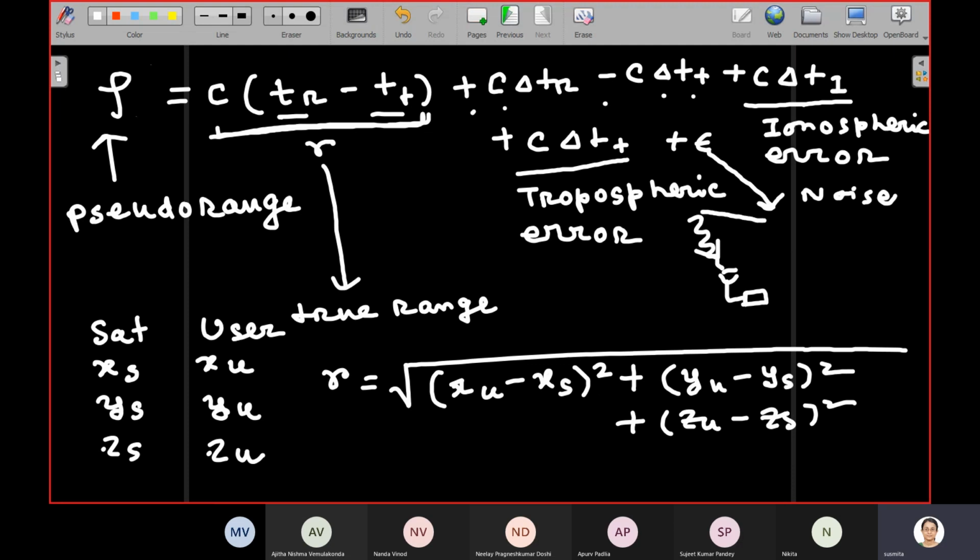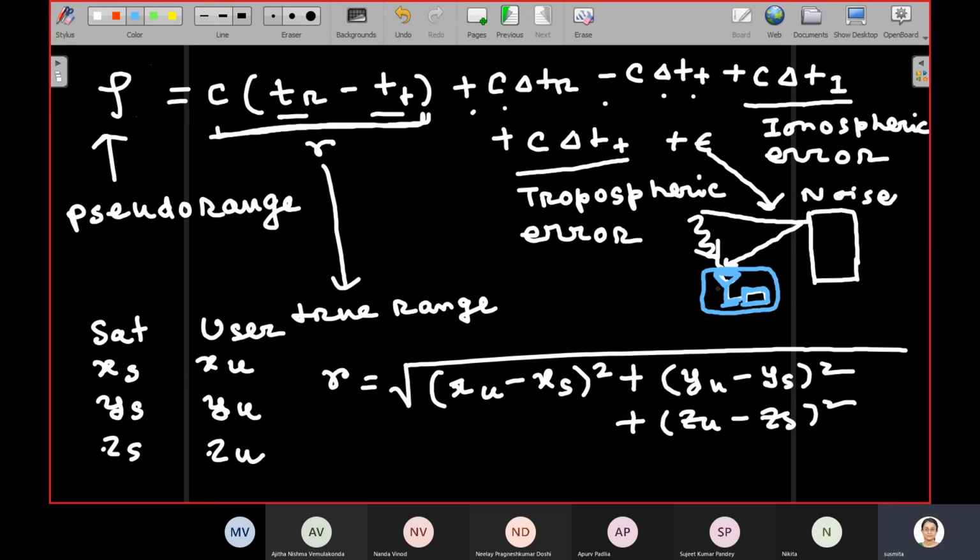The signal can also get reflected from some nearby structure, a building, and then reach the receiver. This symbol is actually for the antenna, and together the antenna and the other components make up the receiver.